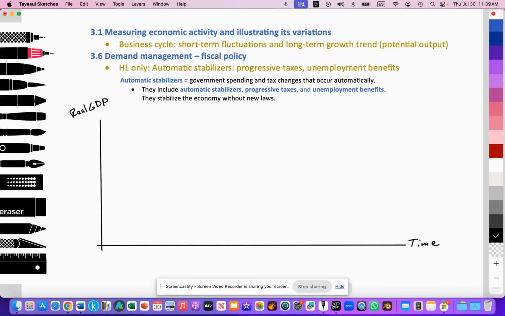And that's what this model is illustrating. Okay, so first I would draw the long-run growth trend. And the long-run growth trend is rising over time. Productivity, GDP, new technologies, new innovation, creating rising GDP over time.